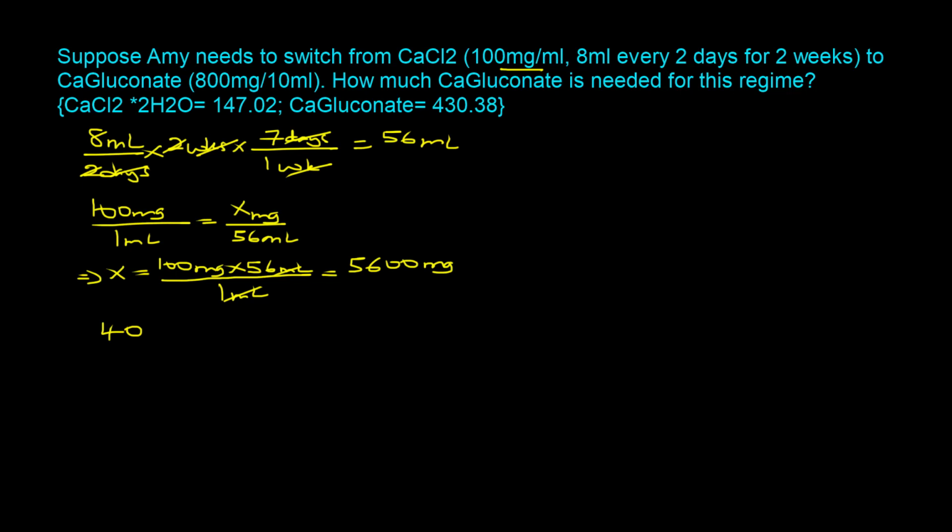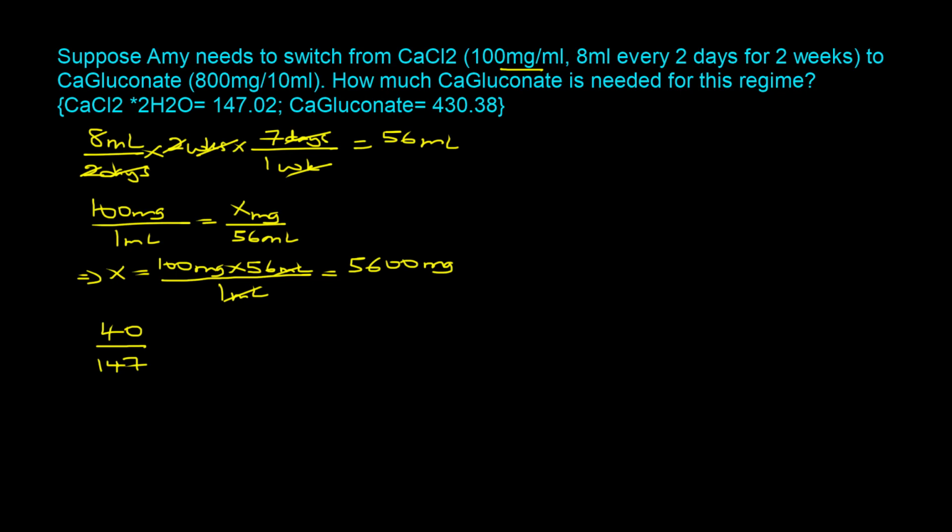So we can divide the 40 by 147, and what this is indicating is you have 40, which represents the calcium, divided by 147, which is the molecular weight of the entire calcium chloride. And if you actually multiply this ratio by 100%, it will give you the percent of the elemental calcium in calcium chloride. But we don't really need to do that right now.